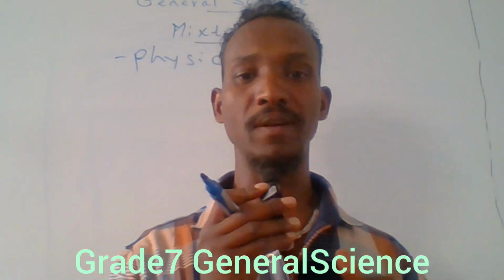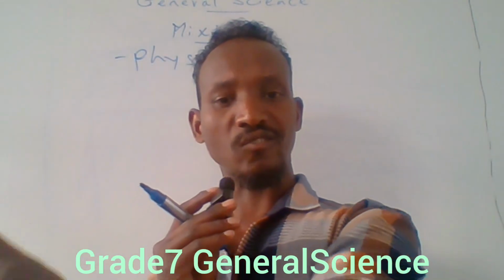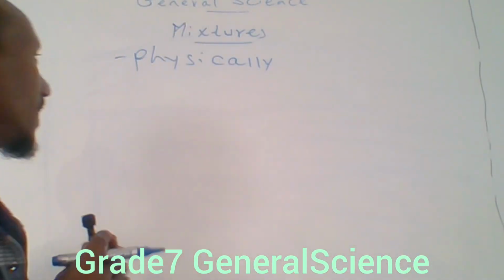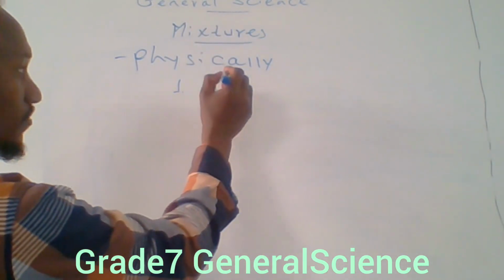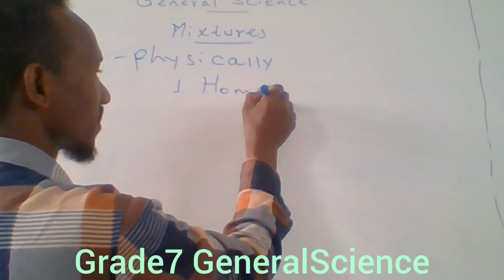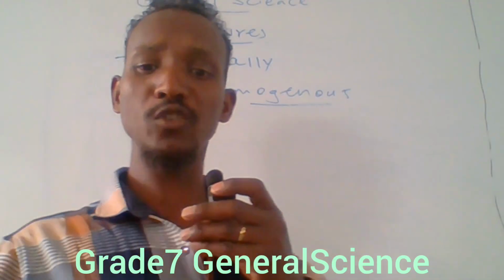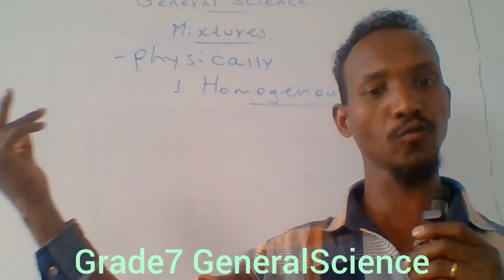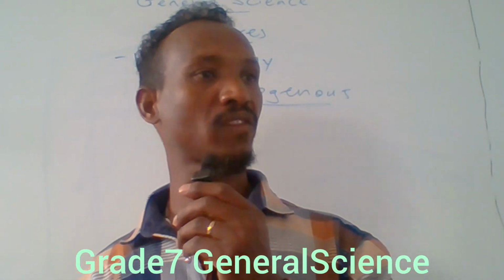And mixtures can be easily separated into their components. We will see the techniques or methods used to separate mixtures into their useful components later. Also, mixtures can be divided into two: homogeneous mixtures and heterogeneous mixtures. A homogeneous mixture is a kind of mixture where two or more substances are mixed together and we cannot see their components with our naked eye.